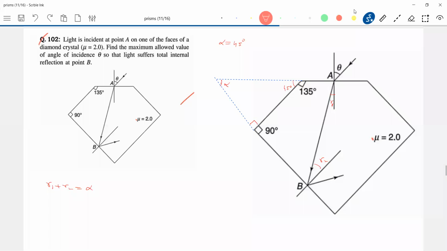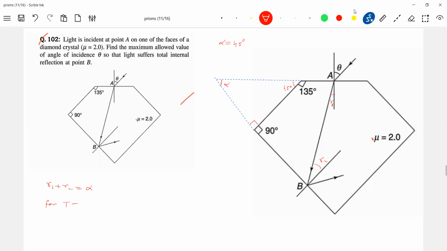And for the ray to undergo TIR at B, theta will not be 15, huh? 2 sine inverse of 2 sine 15, the answer I'm getting. Okay, let me get into this one.